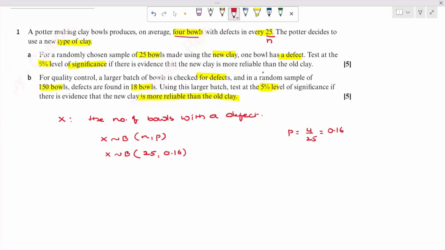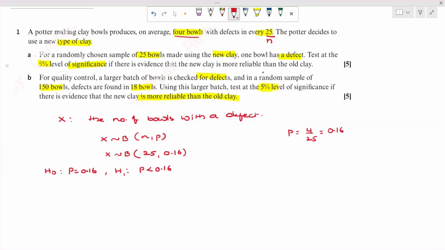Now write the hypotheses: H naught, the null hypothesis, will be p is equal to 0.16, and the alternate hypothesis will be p is less than 0.16. Okay, 4 bowls with defects in every 25 is given here.